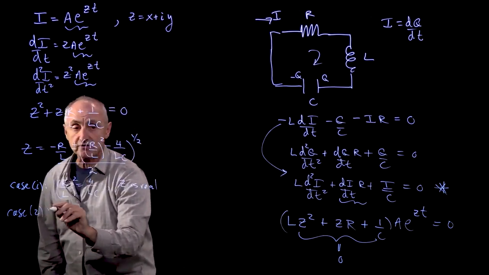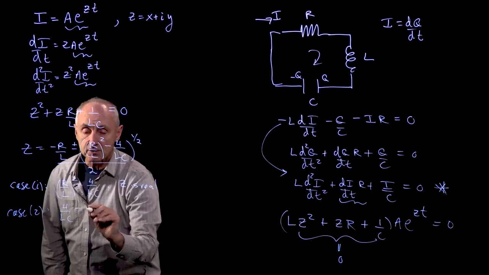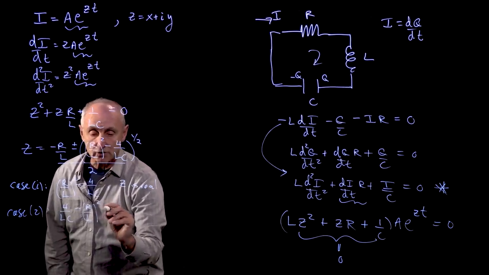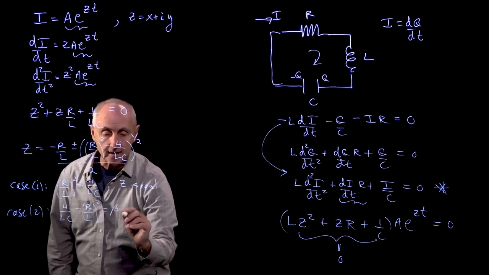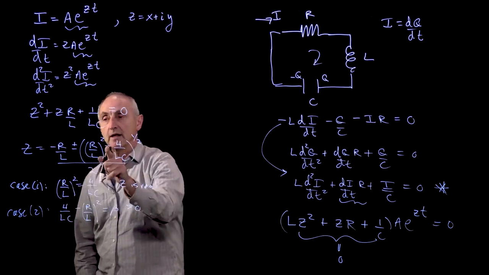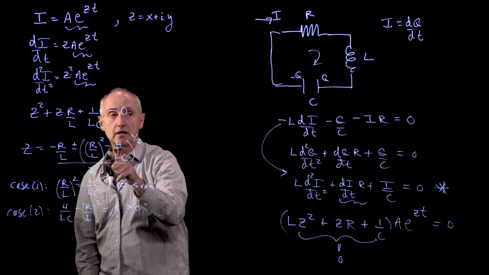So let's first define 4 over LC minus (R over L) squared. Let's call this quantity beta, and let's make this bigger than 0. Then what we have is minus beta on the inside.